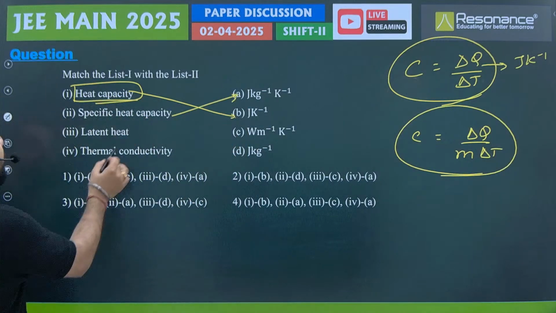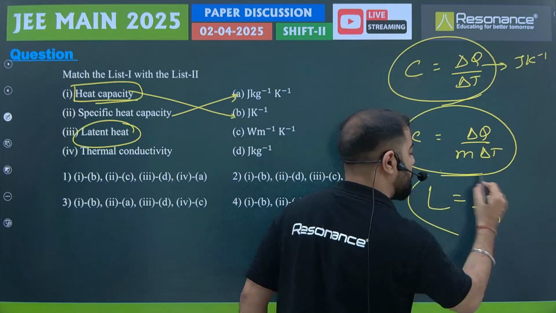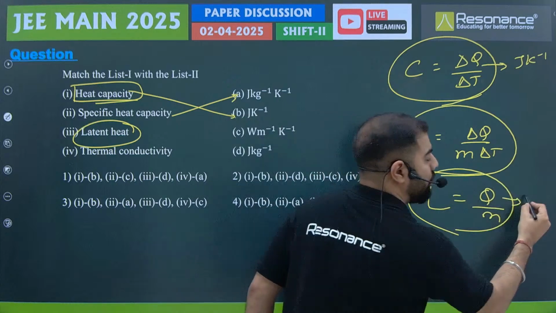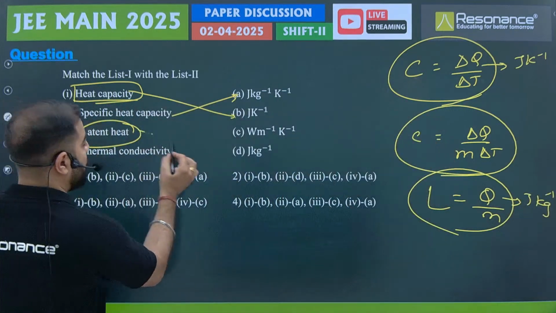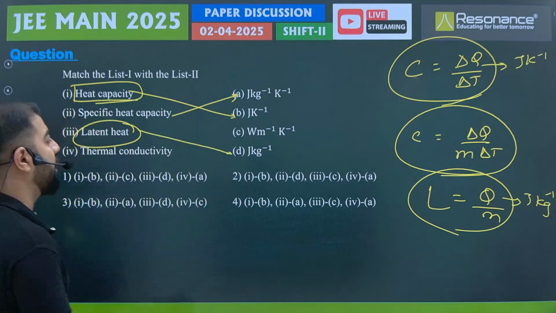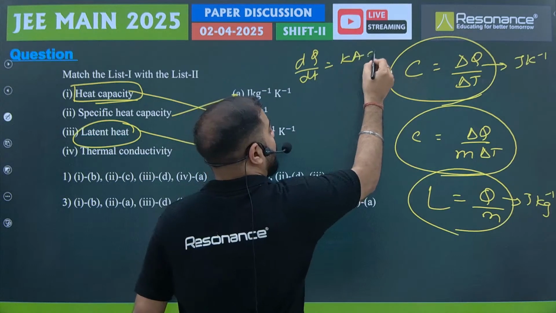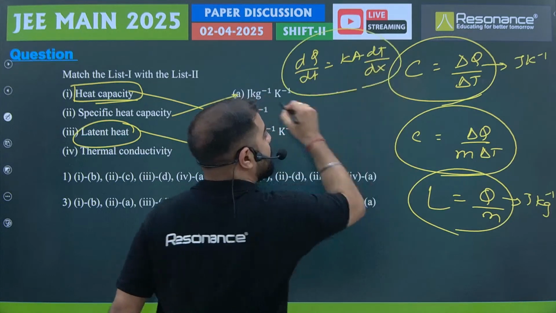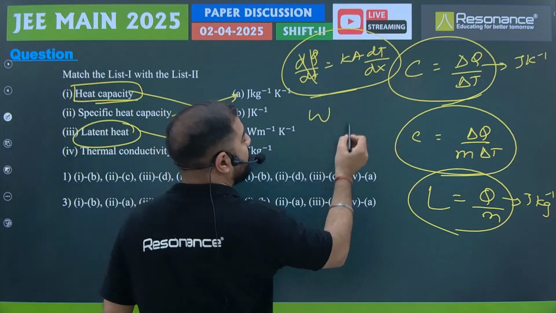Latent heat, the formula for latent heat is L, amount of heat required per unit mass. It's nothing but joule per kg. So option 3 is option D. And thermal conductivity is what? dQ by dt is equal to KA dT by dx. I hope we know this. dQ by dt is the rate of heat, that is watt.